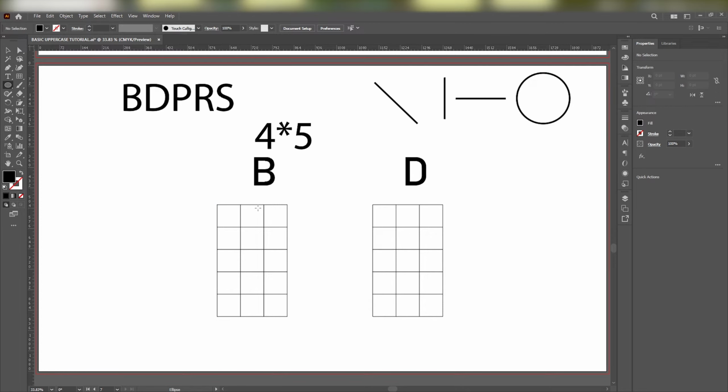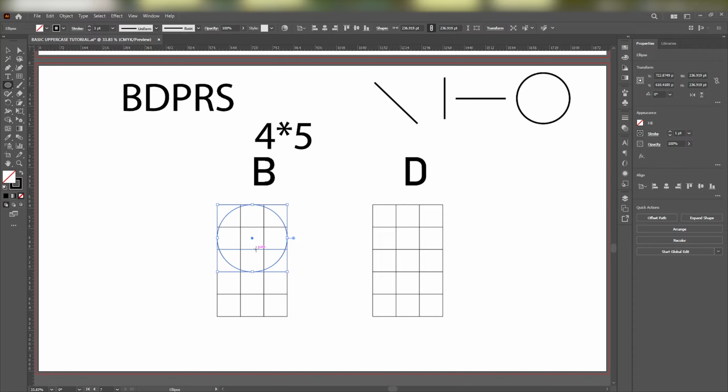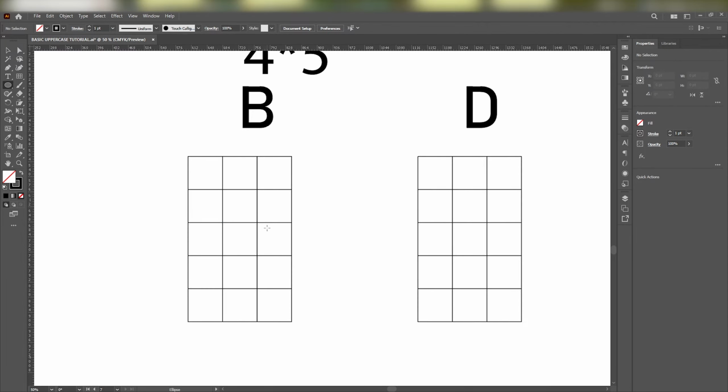Okay, so the letter B is, oh, that's a mistake, but forget about it. I'm joking. The letter B comes with a whole different style. The letter B comes with more circles than you expect.